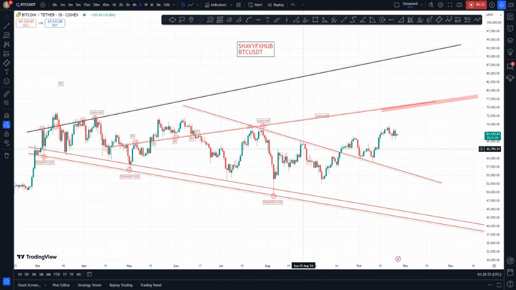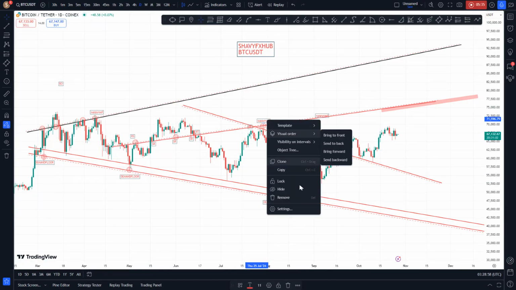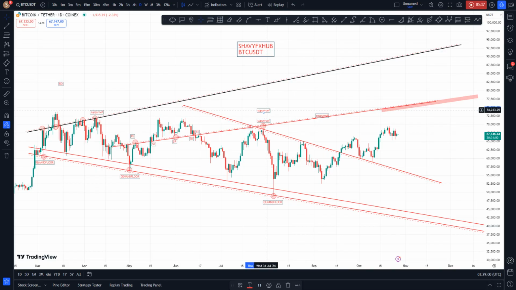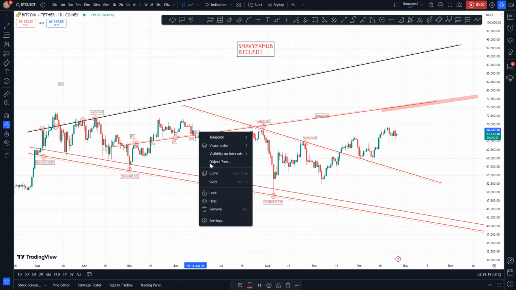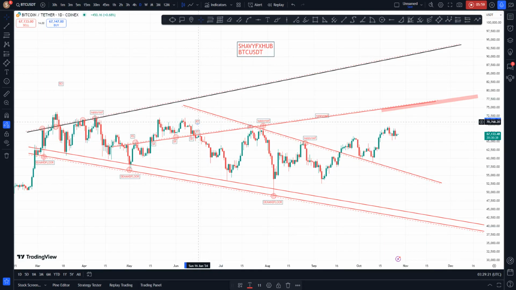We see price after forming supply roof 1 and supply roof 2, price has broken out and retested 1, retested 2, and it's making its way up. Here, this is a supply roof, another supply roof, break of structure, price came on retest RT1, RT2.